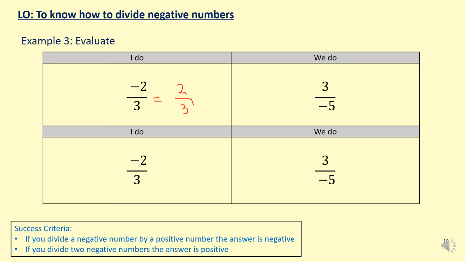But if I look at the sign, I have negative divided by positive. Negative divided by positive is negative, and that negative, because it's for the whole fraction, needs to be exactly in front of the fraction line. Okay, quickly have a go with the video, please.